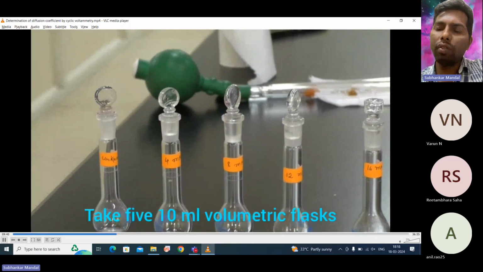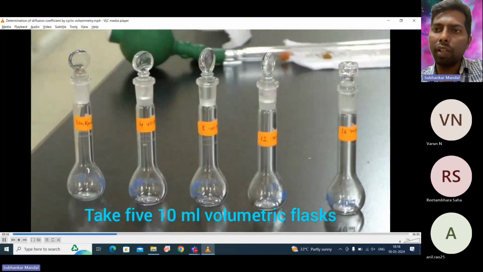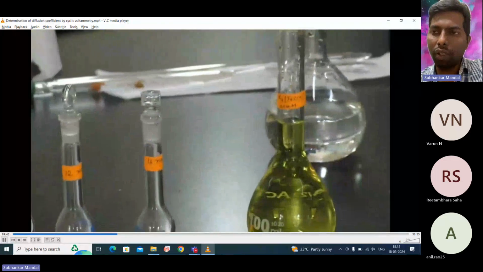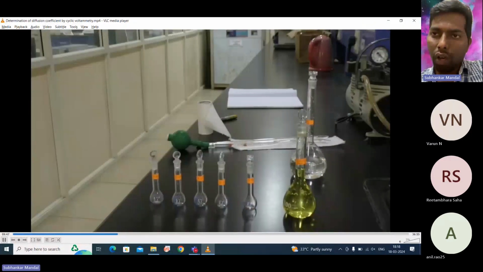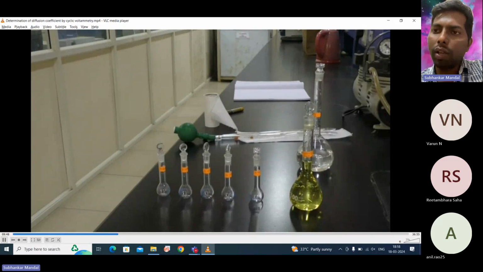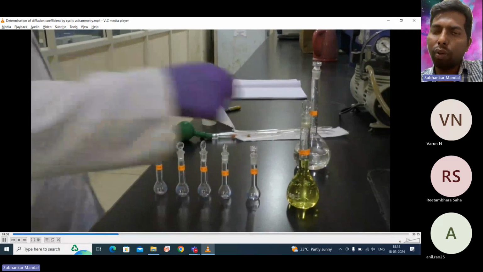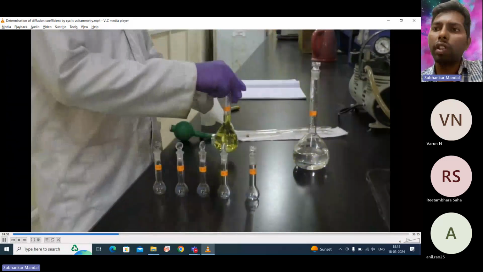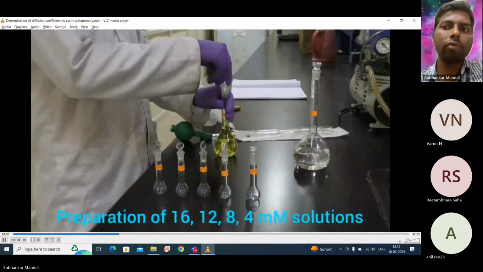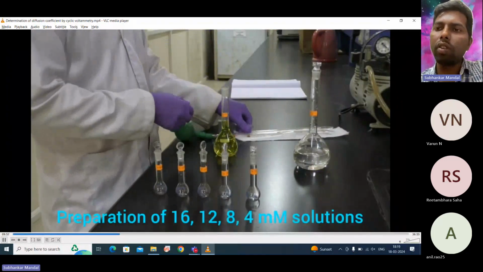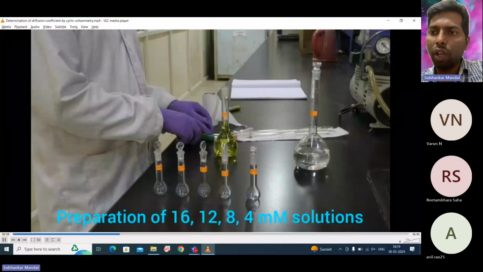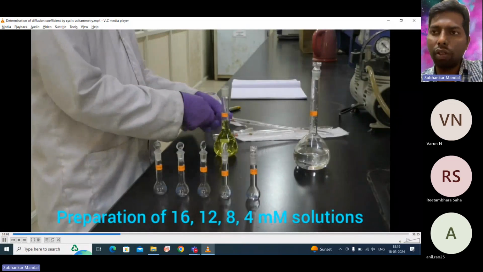So now from here we want to make 5 different concentrations of solution. So I think 16 millimolar, 12 millimolar, 8 millimolar, 4 millimolar. So different concentrations of solution we want to make. Here it is mentioned, the 16, 12, 8, 4 millimolar solution we want to make.